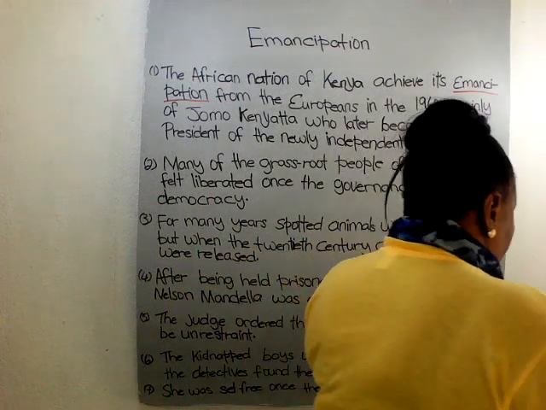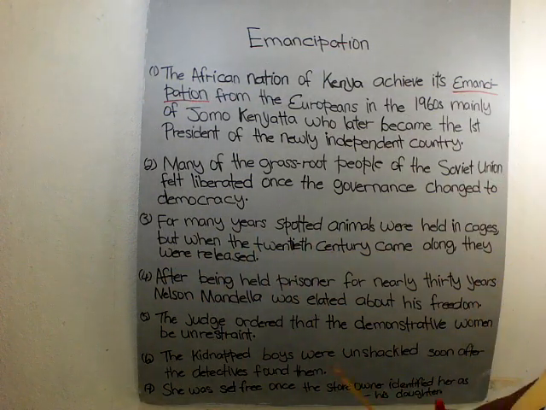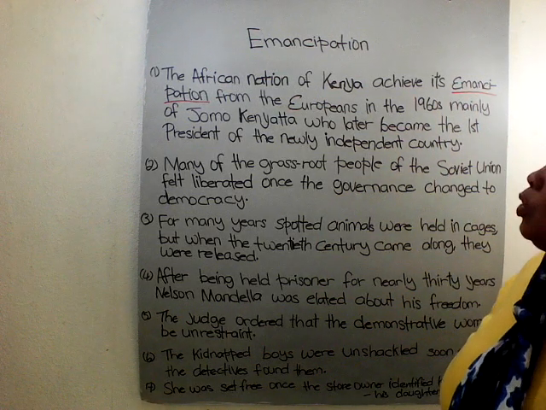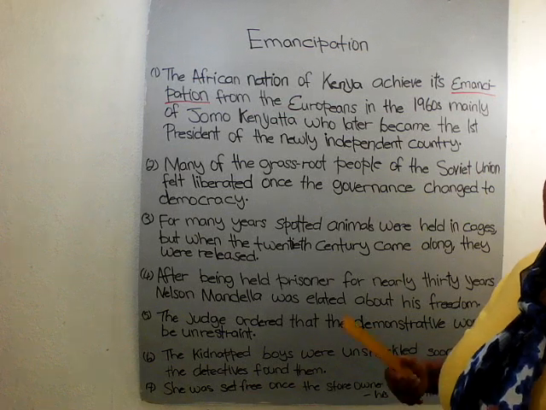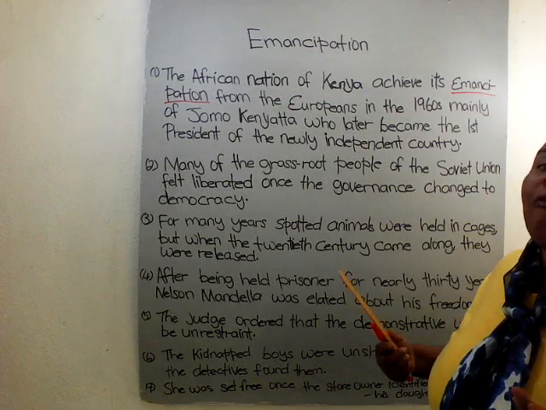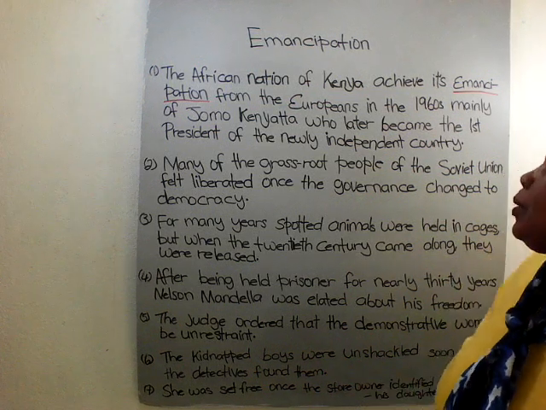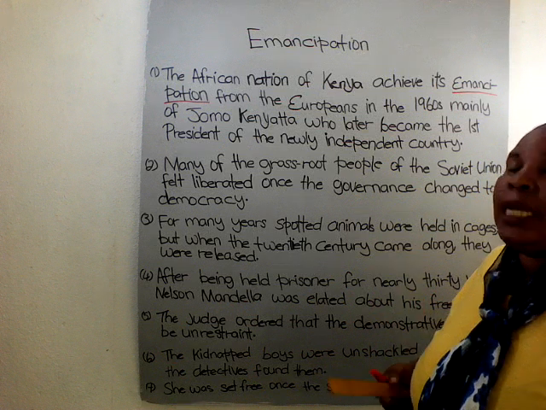If they have achieved their emancipation from the Europeans in the 1960s, that means they have what? They have obtained their freedom. They were liberated. So this is the word emancipation that we are dealing with today.